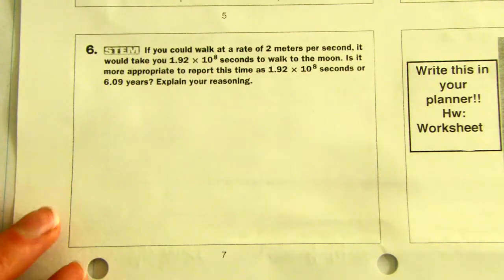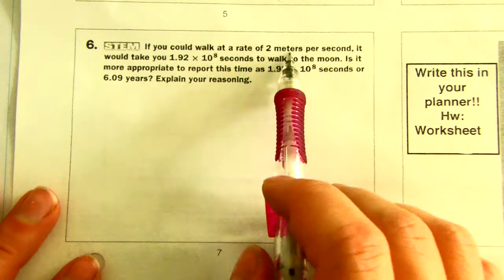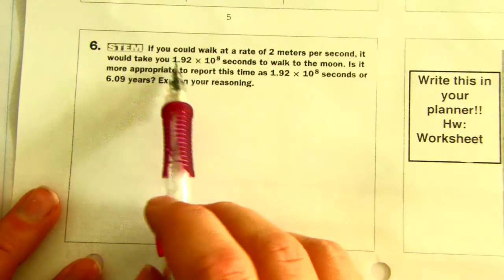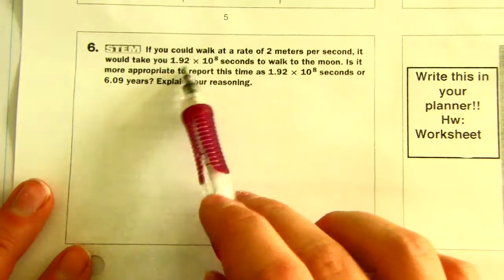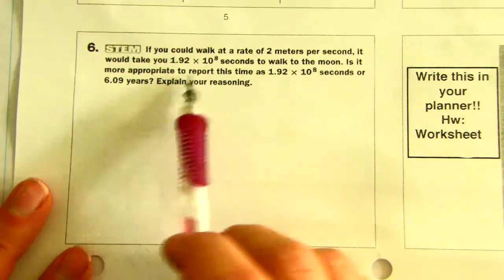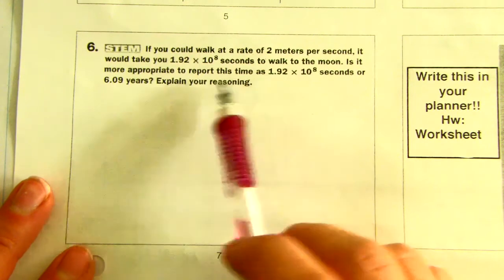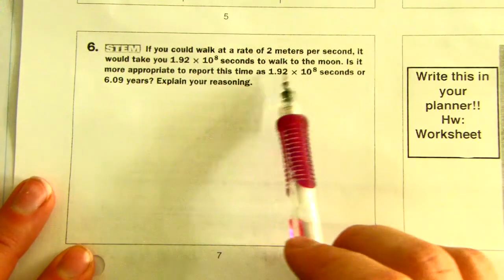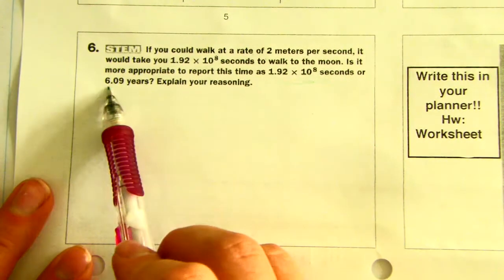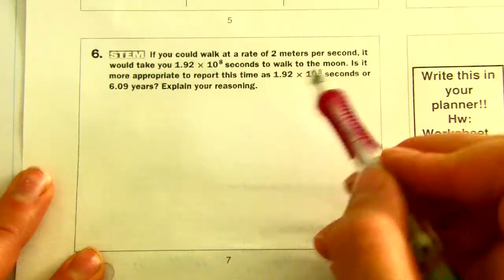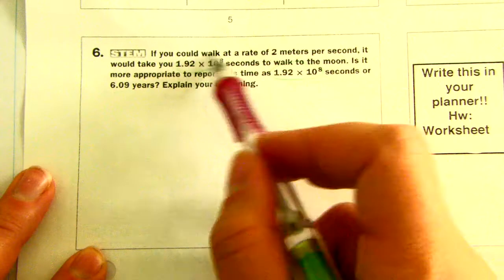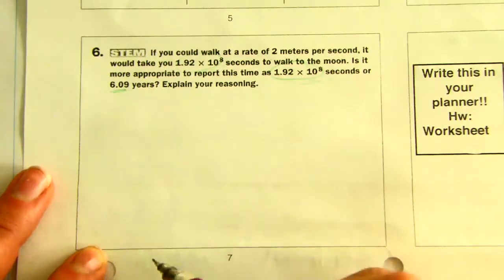Last one. If you could walk at a rate of 2 meters per second, it would take you 1.92 times 10 to the 8th seconds to walk to the moon. That's a ridiculous number. Is it more appropriate to report this time as that, or as 6.09 years? What do you think? Well, I have no idea what 10 to the 8th seconds even means, but I do understand years.